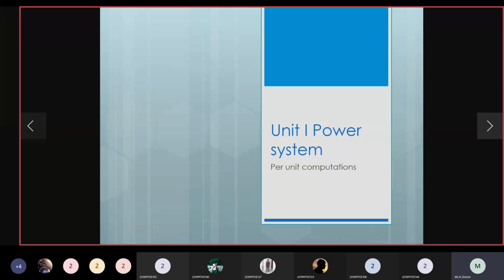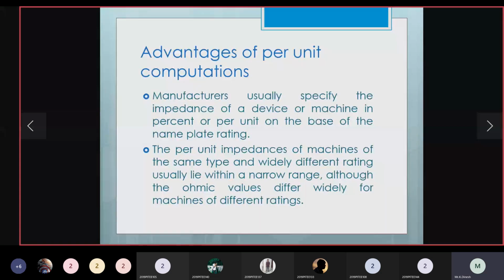In general, manufacturers usually specify the impedance of the device in terms of power rating, voltage rating, and all your mechanical or electrical ratings, represented as a unit system: power, voltage, or amps.